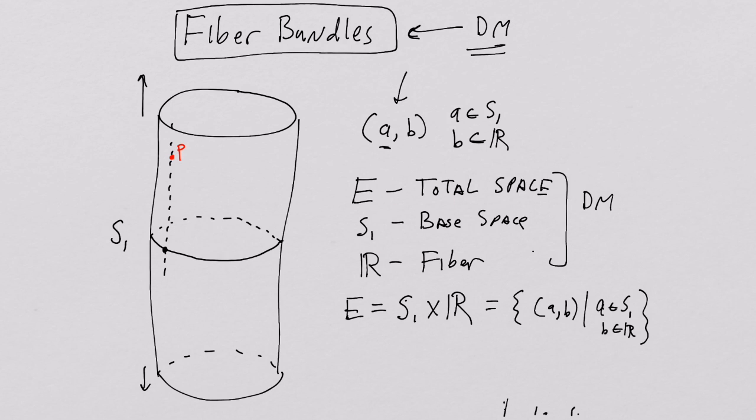But you understand that this fiber is a general fiber, because that particular fiber, the one that's associated with the point A, is not really the same one as this one over here, which is associated with, say, the point Q, right? That's a different fiber. On the other hand, it's very much the same.